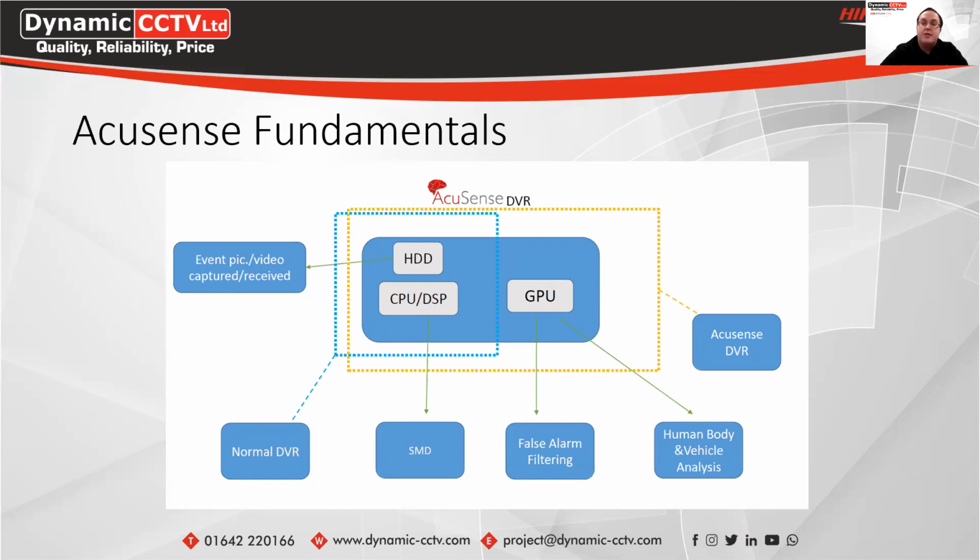This GPU is what's running the analytics for your human and vehicle intrusion and line crossing detection filtering, as well as the Motion 2.0 alarm filtering. A normal DVR doesn't have the GPU, whereas the AcuSense recorders have that additional GPU to run the actual analytics.